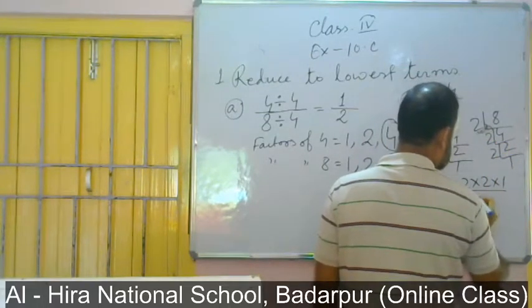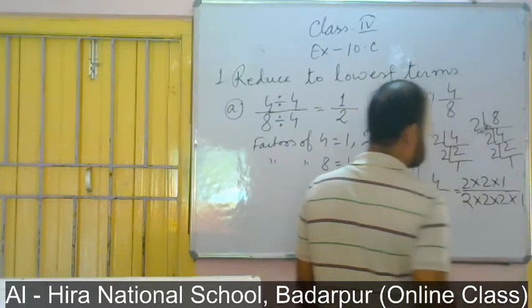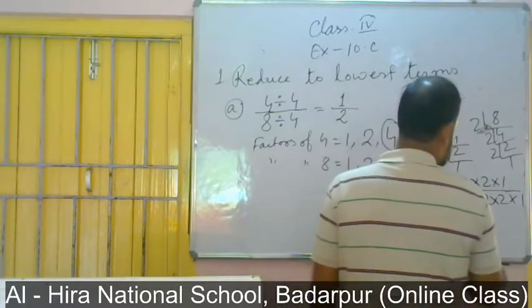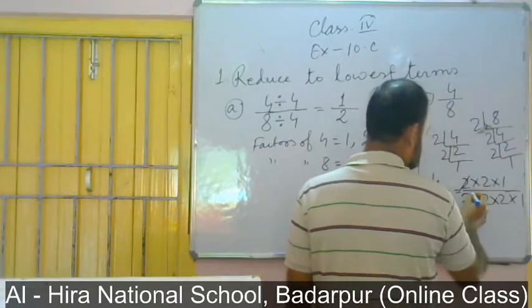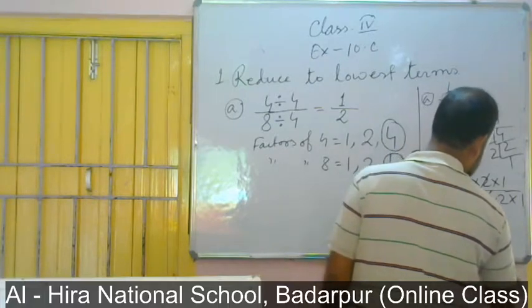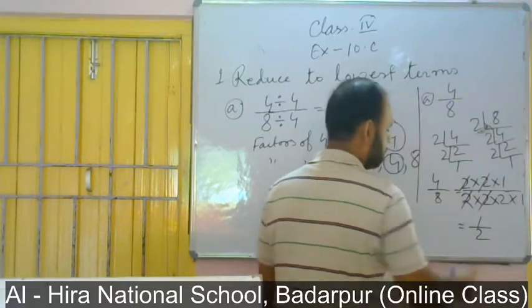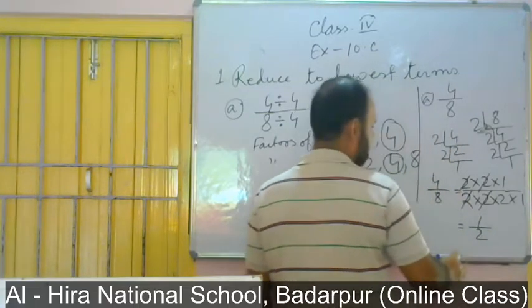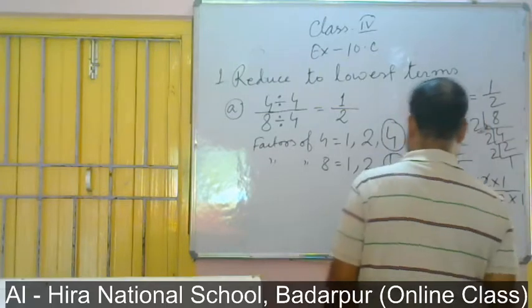Now if we cancel the common factors, 2, 2, what remains is 1 on top and 2 at the bottom. So the lowest term is 1 by 2.